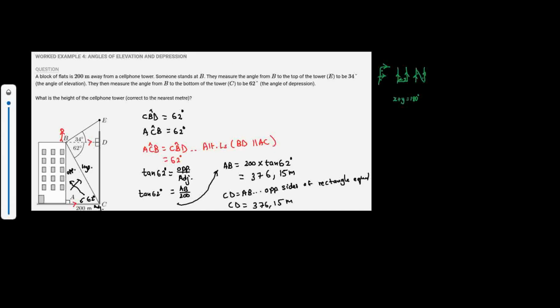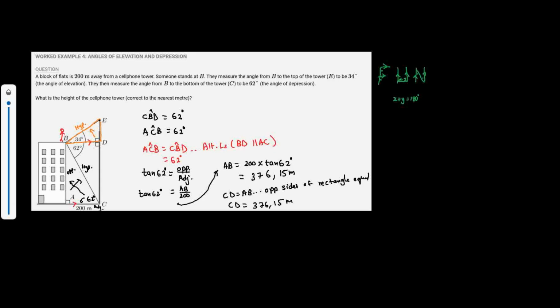Now what we're going to do is look at the other triangle, triangle BDE. This is a right angle triangle, right? With triangle BDE, the side that is opposite the right angle would be BE, so that's the hypotenuse.